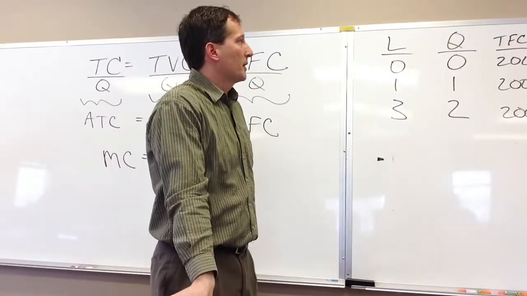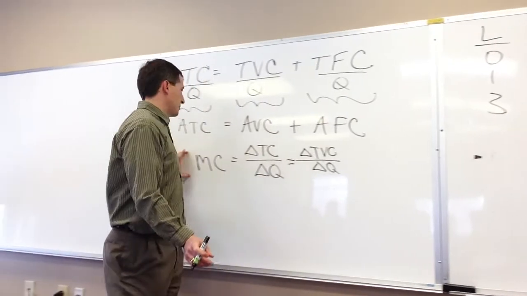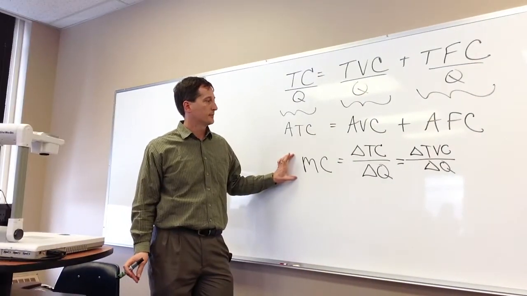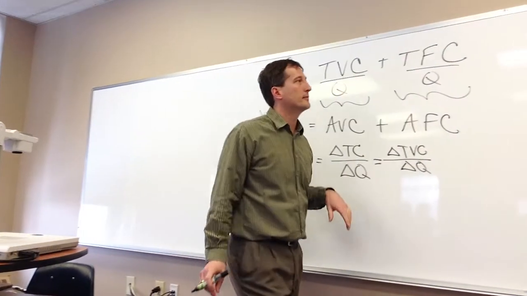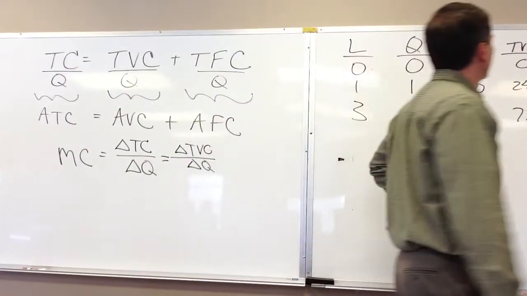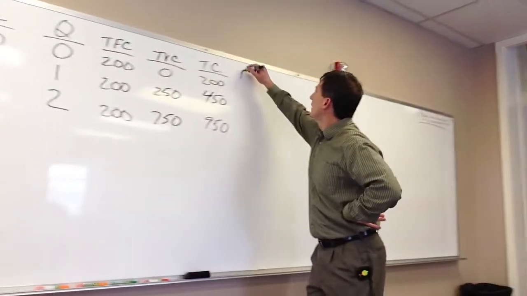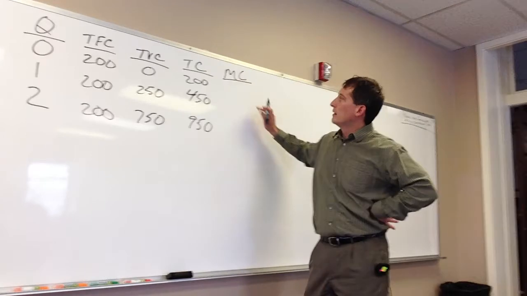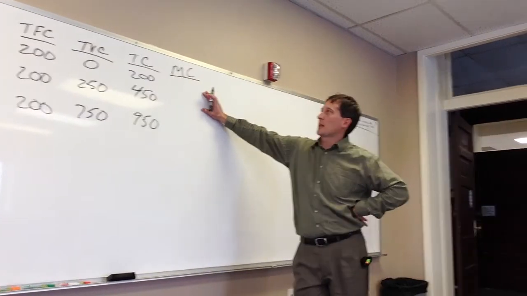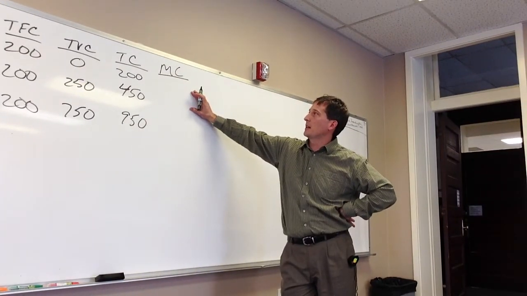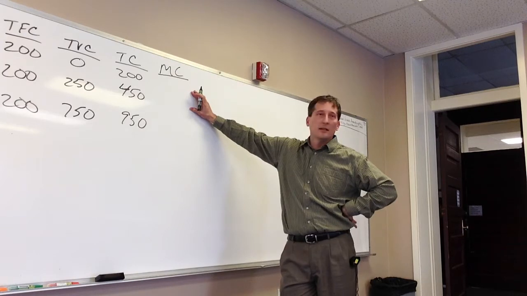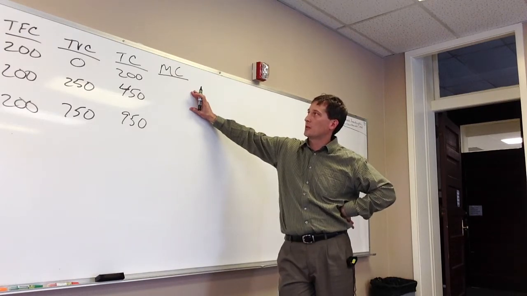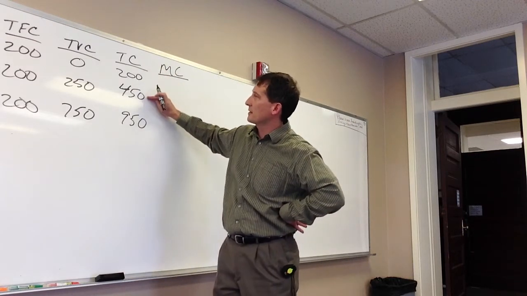And then finally, what the question asks for is marginal cost. Marginal cost associated with the first is how much? 250. So moving from this cost to this cost level.